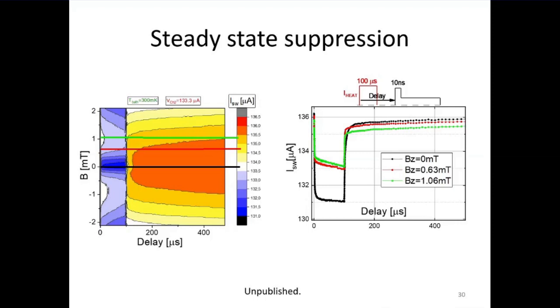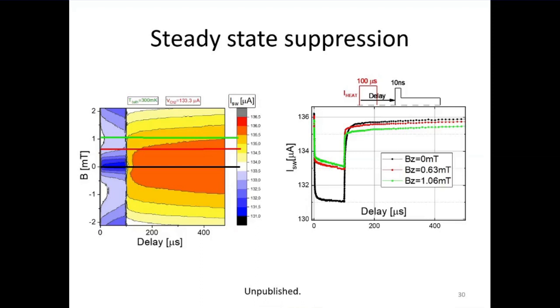I apply a 100 microsecond pulse, and you see here that as long as I heat my system, the switching current of the bridge is low, because quasi-particles arrive at the junction and suppress the critical current. So the population of quasi-particles means suppression of the critical current.